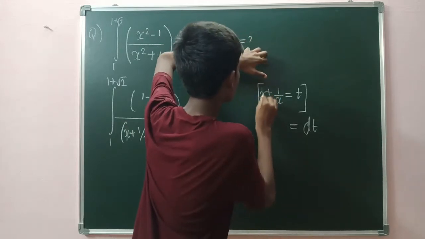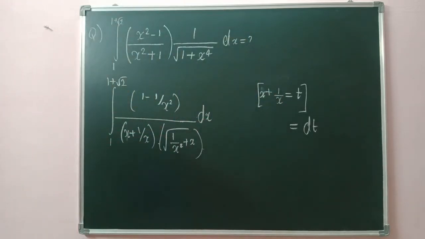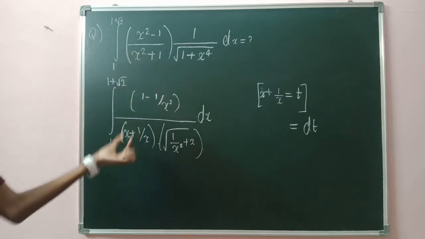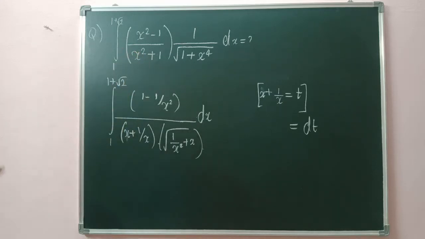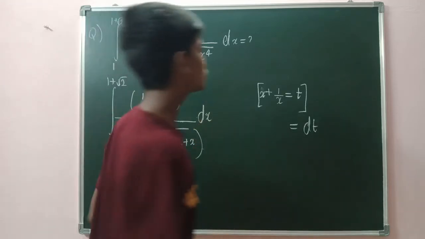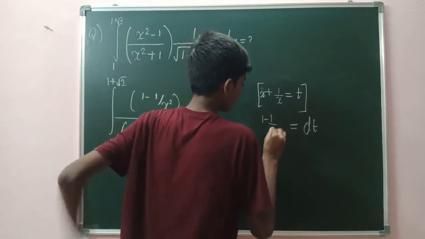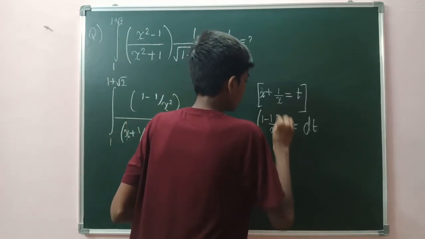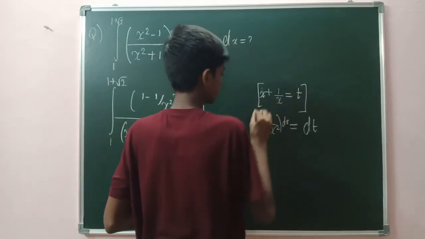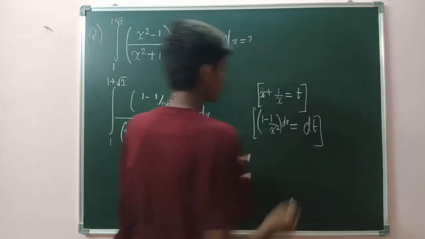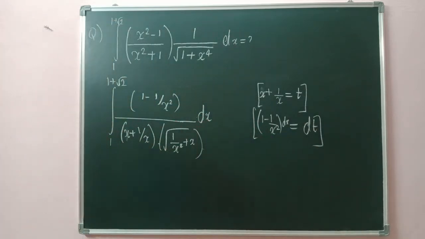Sorry people, I want to take x plus 1 by x as t. (x square plus 1) by x is x plus 1 by x. Really sorry for that. So now when you take x plus 1 by x as t, then dt will be (1 minus 1 by x square) dx. Correct? That will be your dt, and this is the substitution I am going to apply here.